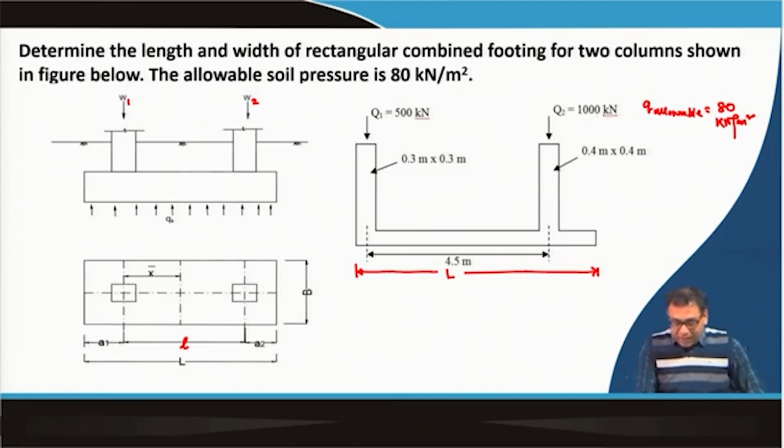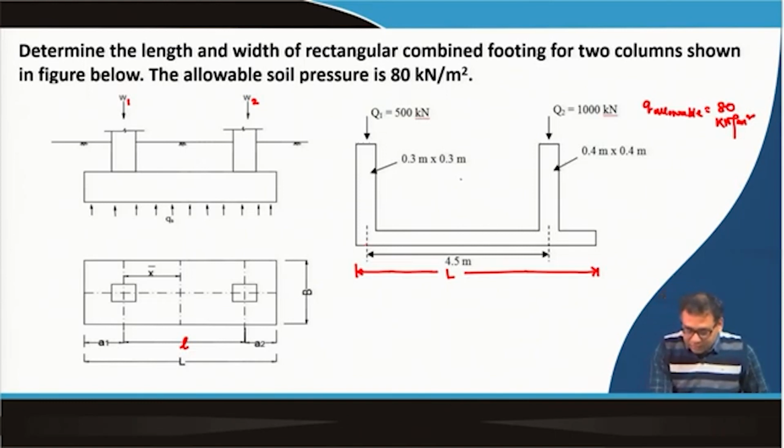Now we have to calculate the centroid, the point of application of the resultant load. That means W1 and W2 are acting, so what is the point of application of the resultant load? For that purpose we have to take the moment of these loads about one particular column. So, we are taking the moment about this column center.